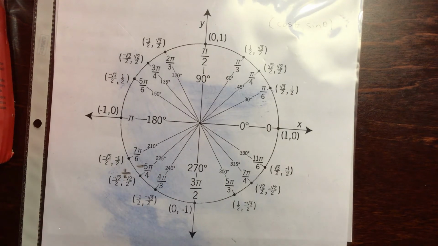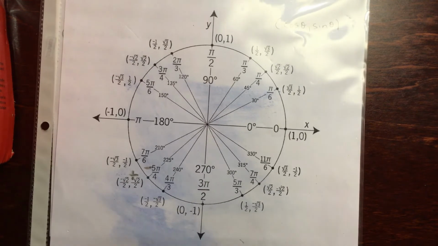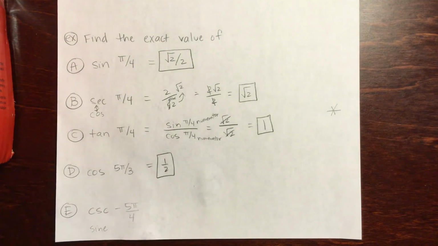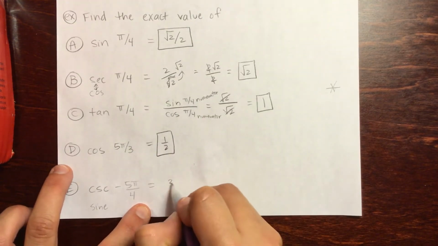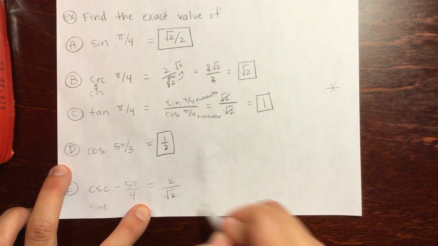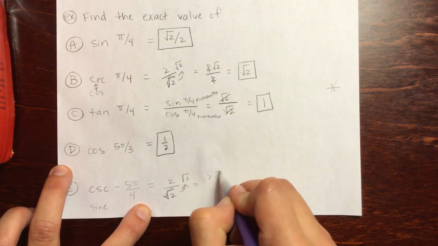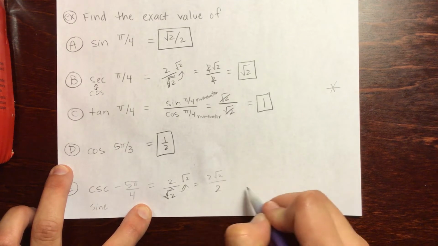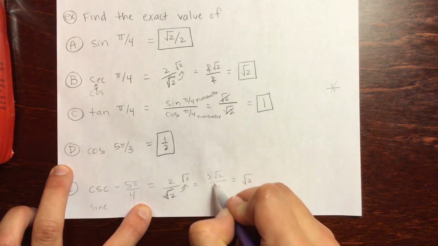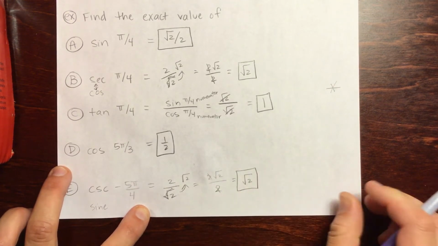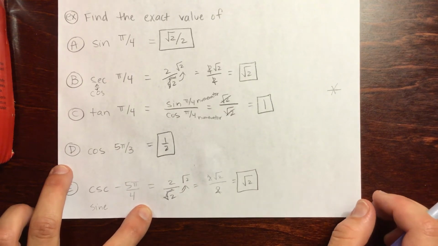So instead of this being negative square root 2 over 2, it's positive square root 2 over 2. The y coordinate point is the sine piece, so I need to take that positive square root 2 over 2 and flip it to get my cosecant. And then rationalize and simplify. You'll notice that a lot of these, we're using the same fractions over and over again, so you keep getting the same answers. That's not a coincidence. Well, I guess it is, but that's how the unit circle's set up.